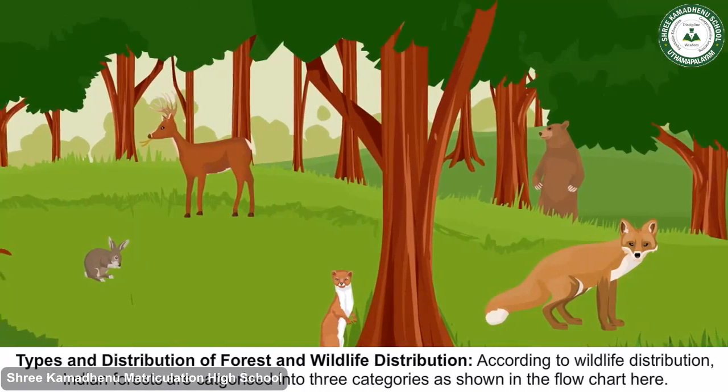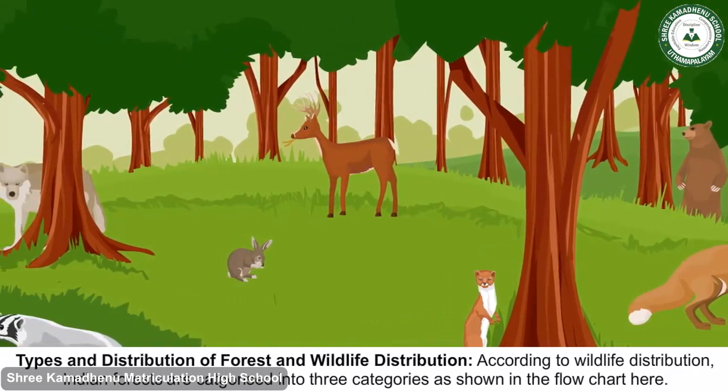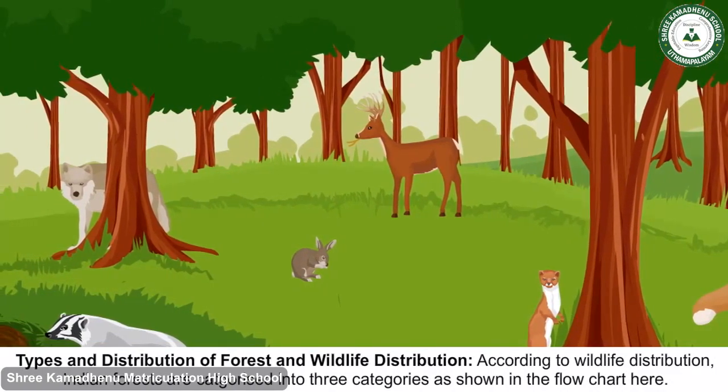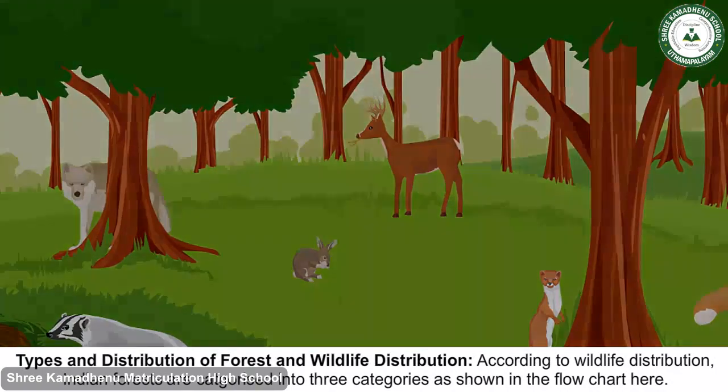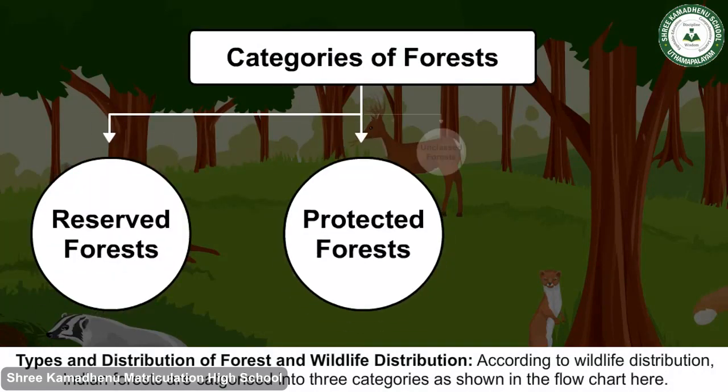Types and distributions of forest and wildlife distribution. According to wildlife distribution, Indian forests are categorized into three categories, as shown in the flowchart here.